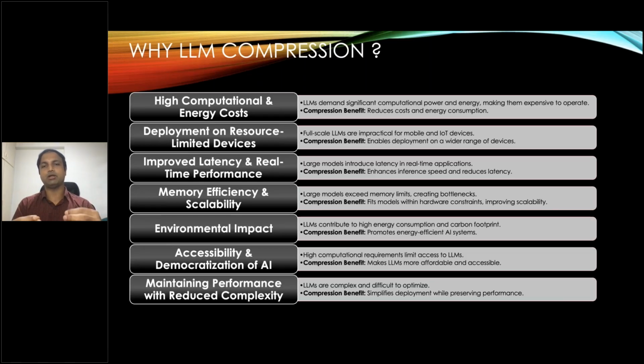You can't have very low latency and very low performance. That is what you gain with compression and optimization. Your memory efficiency and scalability are much better. You have improved latency, as I said. This also has a much larger environmental impact if you look into it.